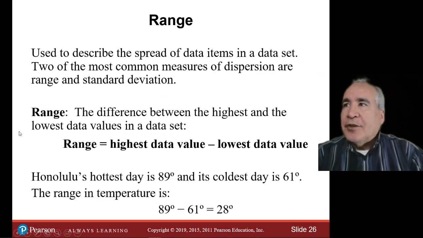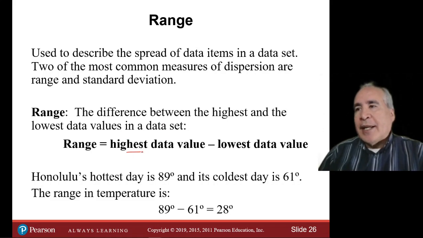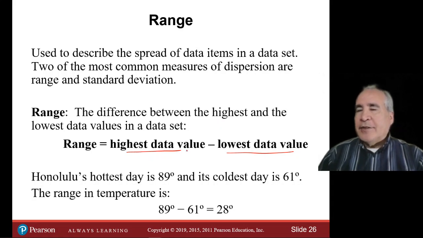Okay, so the range is just, again, like what we did last time. It gives us a quick look at maybe a large data group: take the largest and the smallest, subtract them, and then we can see how much spread there is between the top and the bottom.